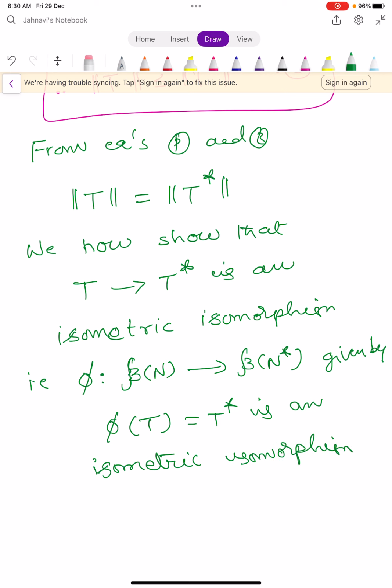So our aim is to show that the mapping pi defined by pi of T is equal to T star is an isometric isomorphism.